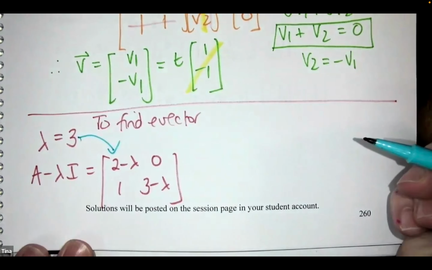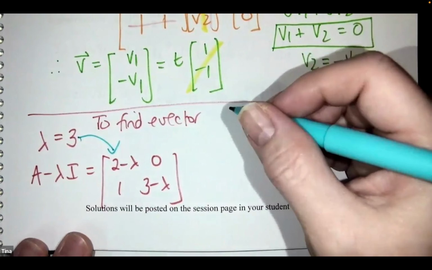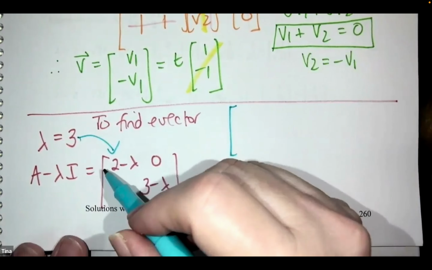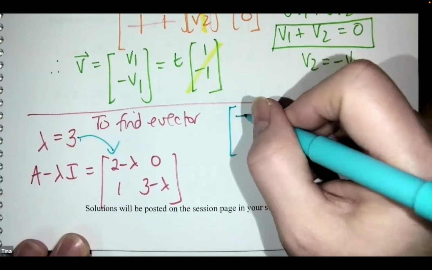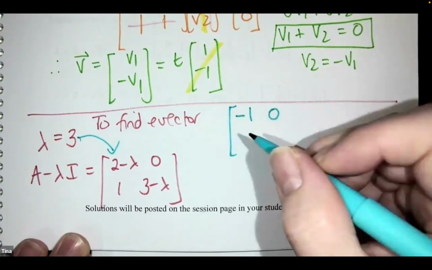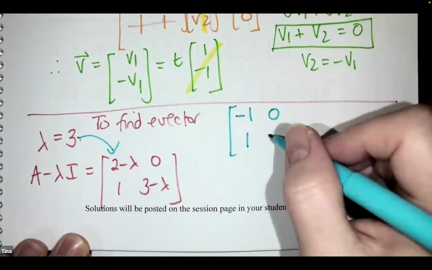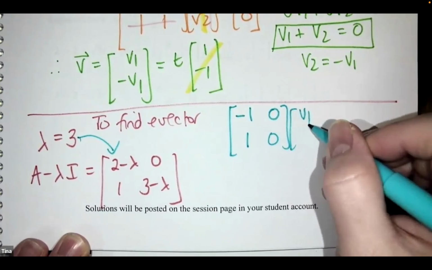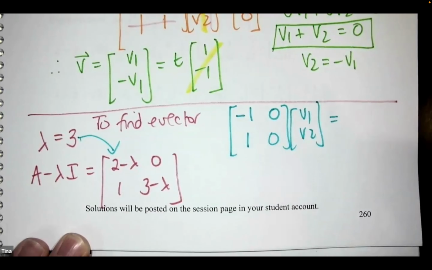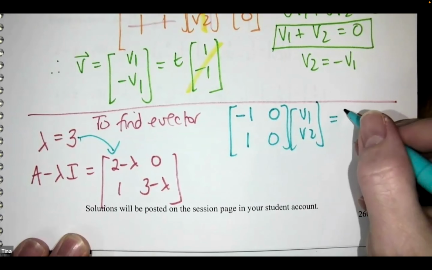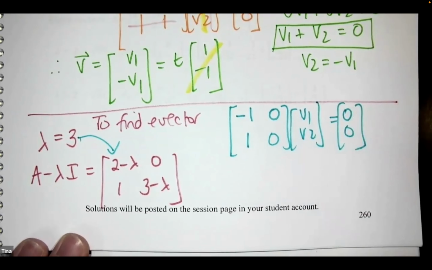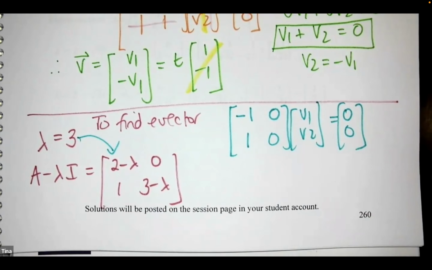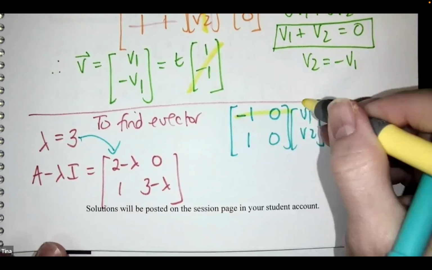So if I put 3 in here, then my matrix is going to be 2 minus 3, so negative 1, still 0, still 1, and 3 minus 3. So if I say that is times vector V equal the 0 vector, what would that tell us for the other vector? Well, let's see.